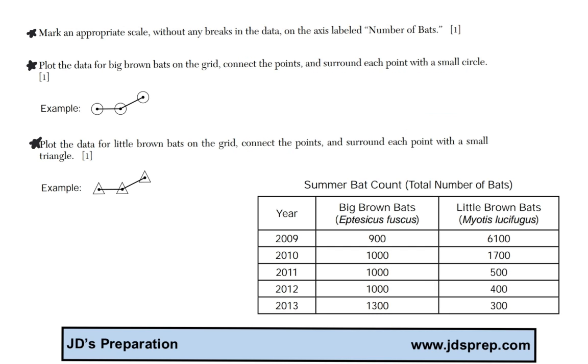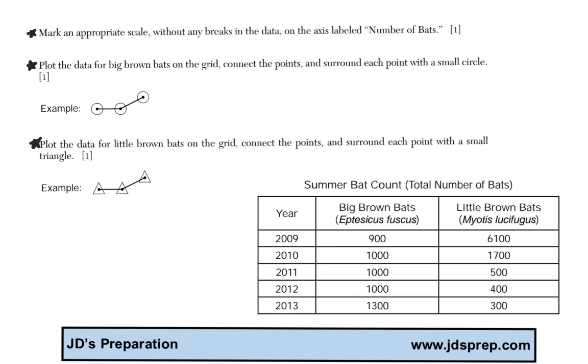Let's take a look at the first part of the problem. It's asking us to mark an appropriate scale without any breaks in data on the axis labeled number of bats. And this is going to be referring to the chart that we are going to be given.